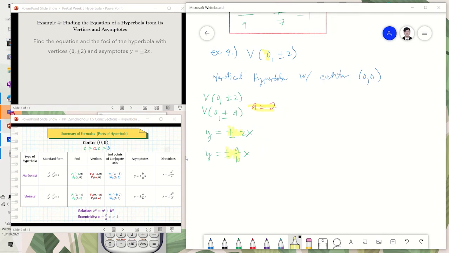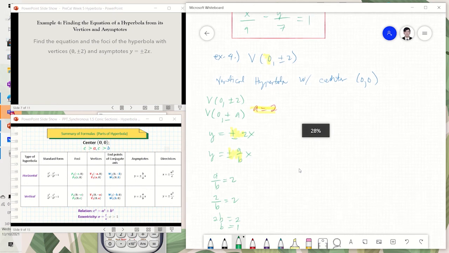But our a over b here is just a 2. So you can just write it as a over b is equal to 2, and we know already what a is. That's a 2. So we can now cross multiply. B times 2 is 2b. Then the denominator of this 2 here is just 1. So 2 times 1, 2. So b is equal to 1.